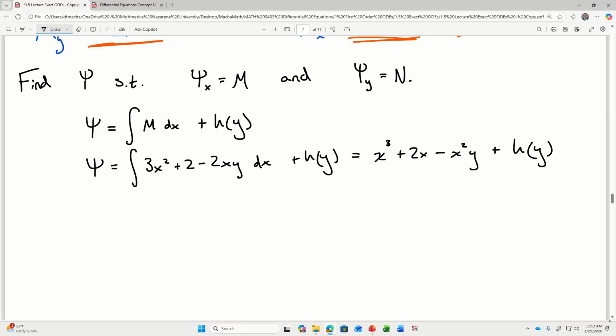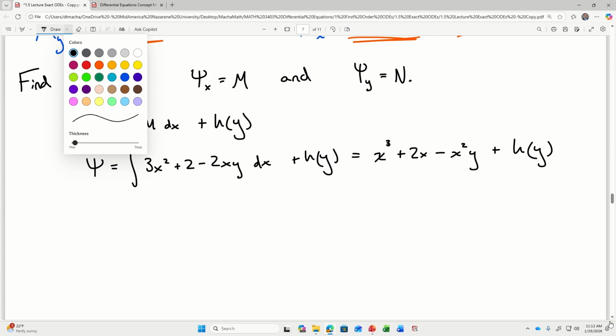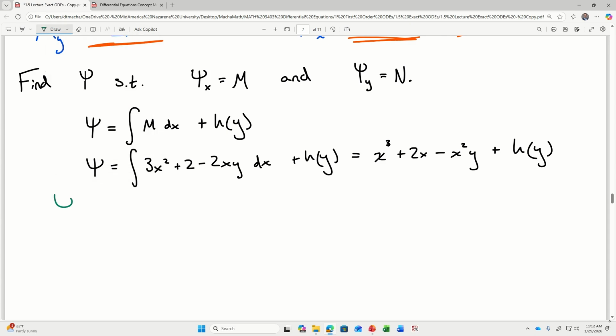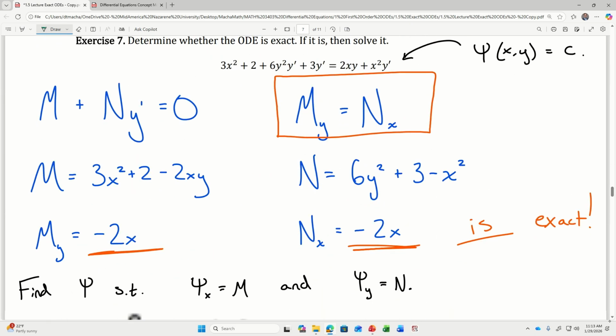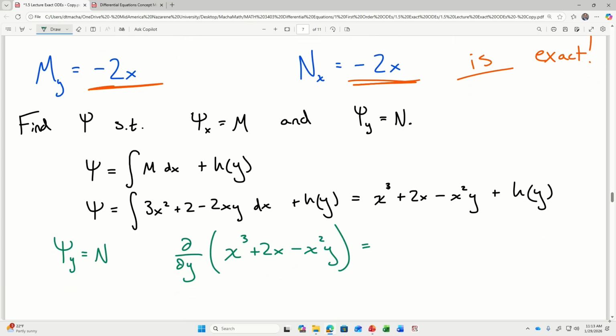The next part of this is I need to also guarantee that the partial of psi with respect to y is equal to N. And that means I can start with this and take the partial with respect to y of x cubed plus 2x minus x squared y, and set that equal to N, where N is 6y squared plus 3 minus x squared.